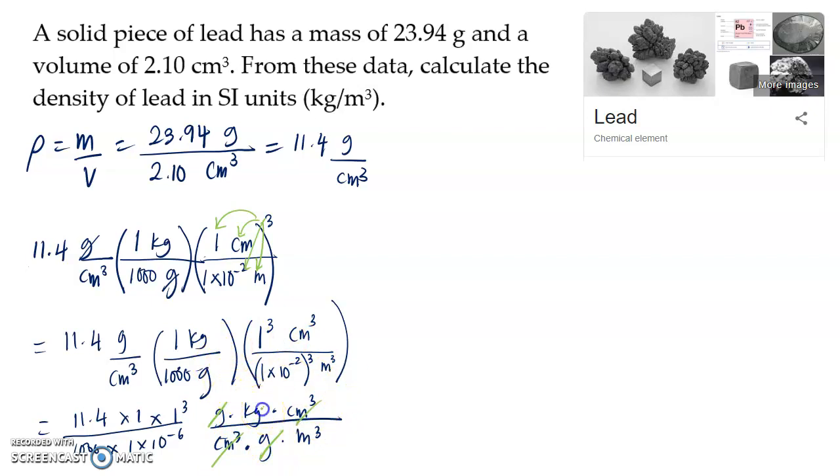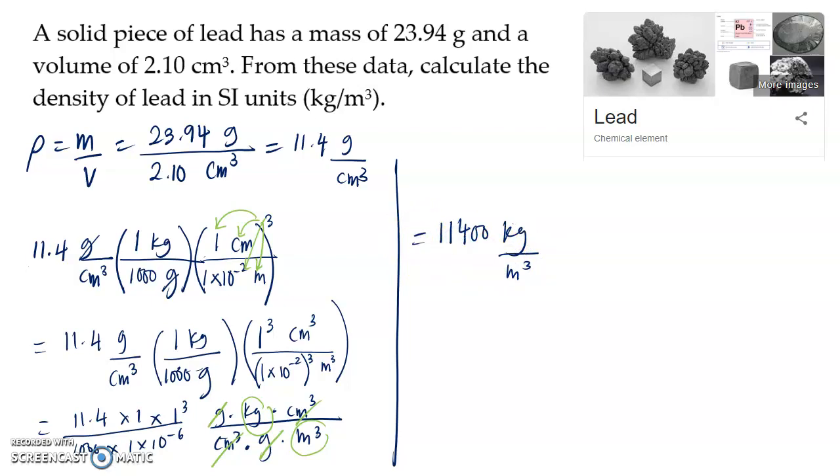So in the end, the unit will be kilogram per meter cube. And if you calculate this, the value is going to be 11,400, and the unit is kilogram per meter cube.